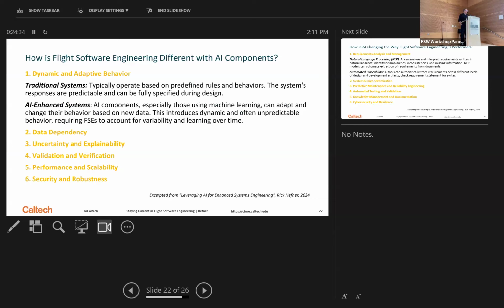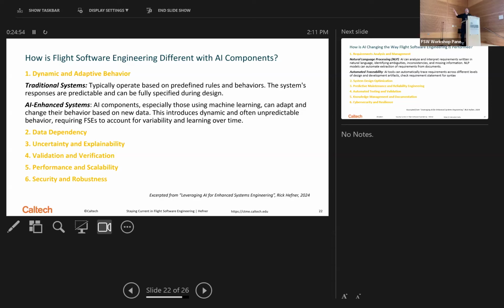Well, first of all, in traditional systems, there are predefined rules and behaviors. We know how to characterize an existing system. There might be corner conditions, but the responses are basically predictable, or stochastically predictable in some way.